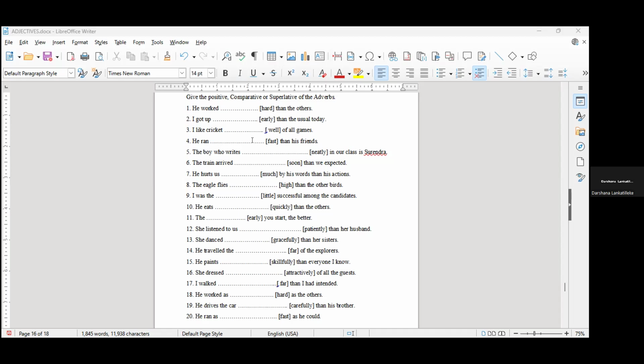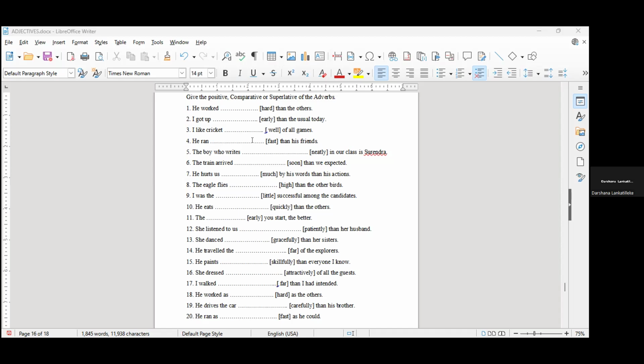Number 6: the train arrived soon than we expected. The comparative form: the train arrived sooner than we expected. Then number 7: he hurts us much by his words than his actions. The comparative form of much is more.